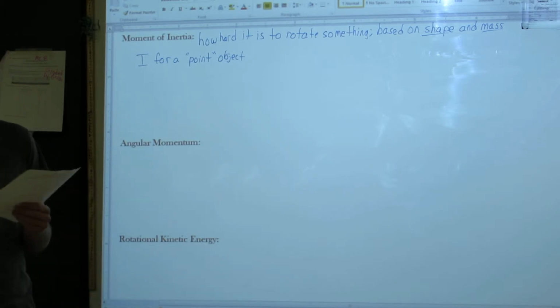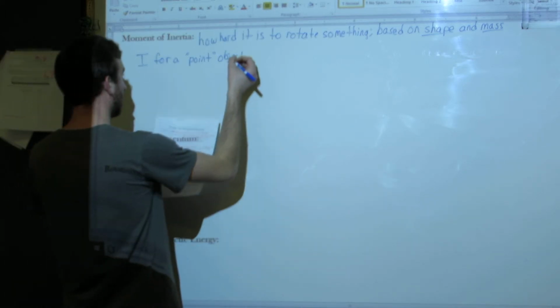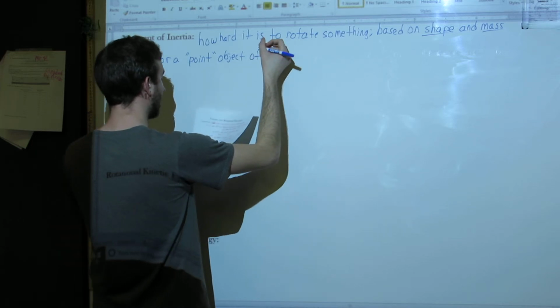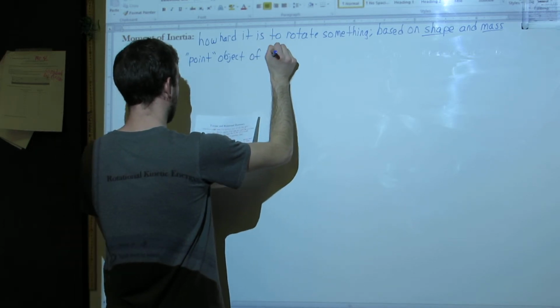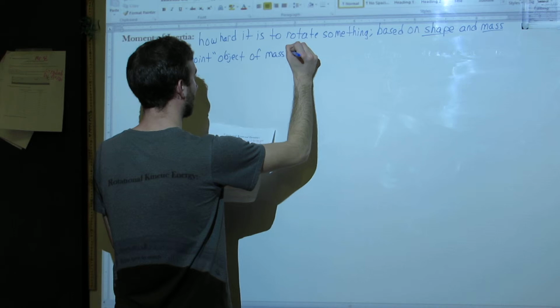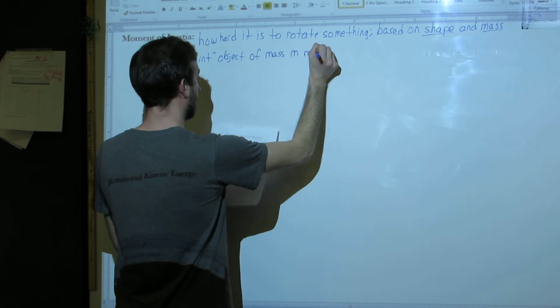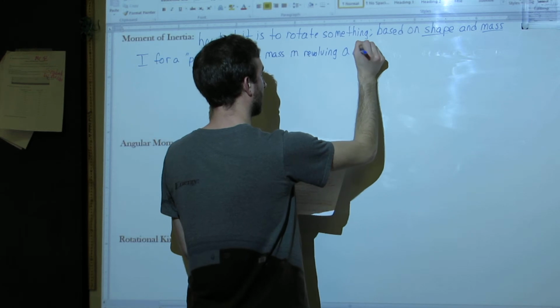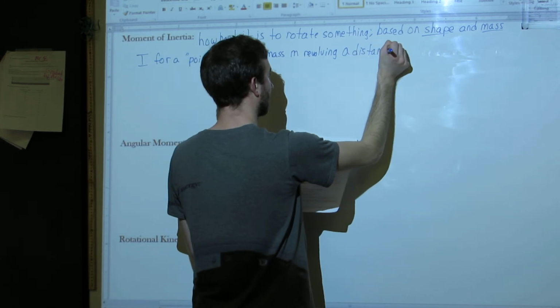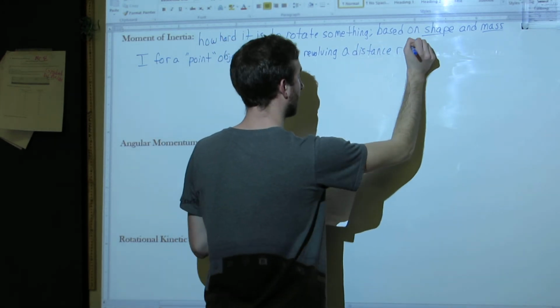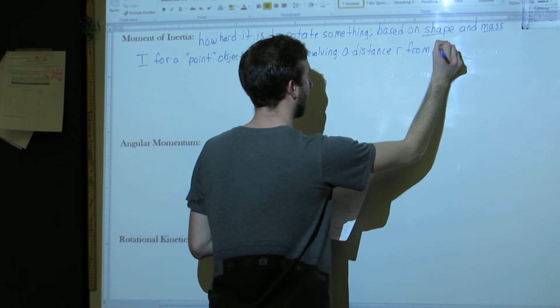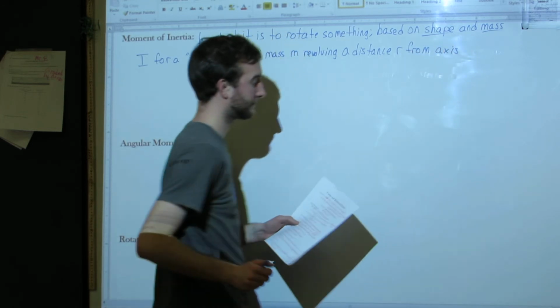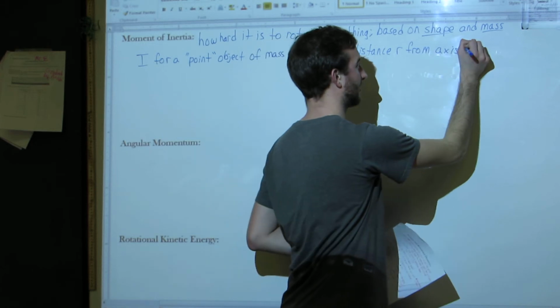What we're talking about when we say I for a point object is a point object of mass m revolving a distance r from its axis.